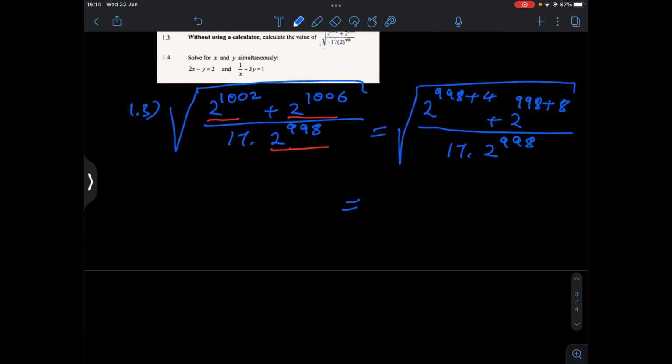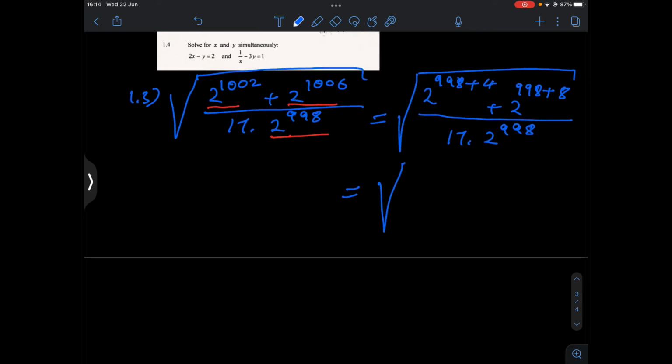Now we just have to simplify further by making sure that at the end we factorize the 2 to the power of 998. So let us factorize. Before we factorize, I'll write it in this form: 2 to the power of 998 times 2 to the power of 4 plus 2 to the exponent 998 times 2 to the power of 4 divided by 17 times 2 to the power of 998.